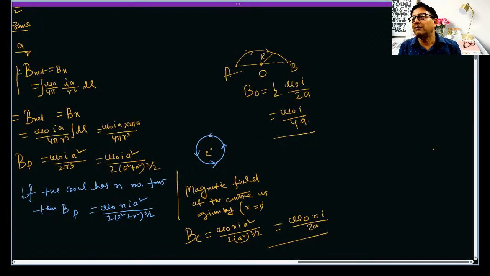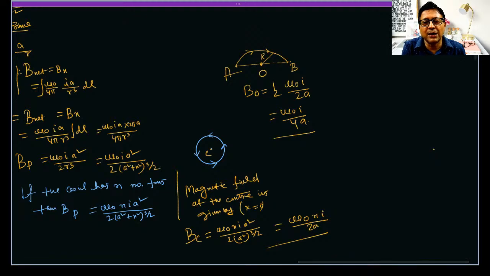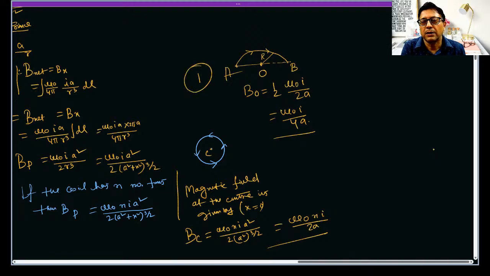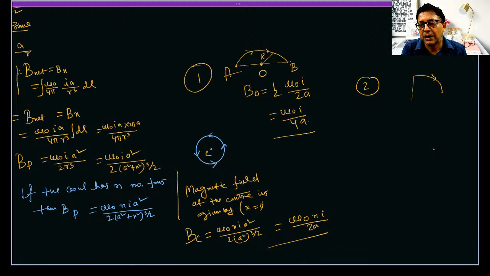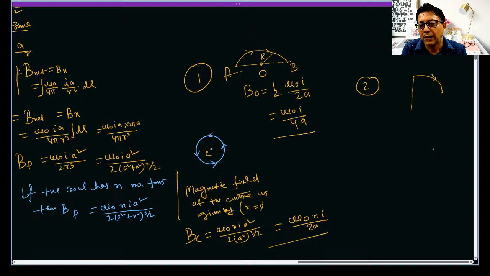Now, can you write the expression for magnetic field due to this circular arc? This one is a circular arc carrying current. What is the magnetic field at O?